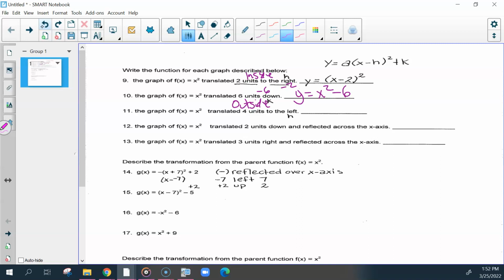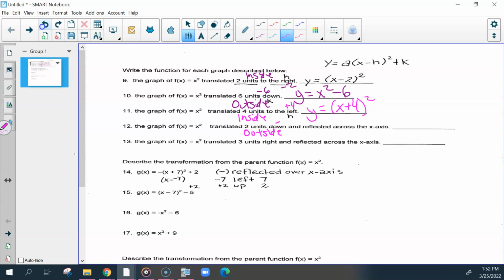Number 11. X squared translated 4 units to the left, that is inside. And it would be opposite, so it would be plus 4. So y equals, in parentheses, x plus 4. And then make sure you are still squaring this. Questions on that one? X squared translated down 2 units is outside.